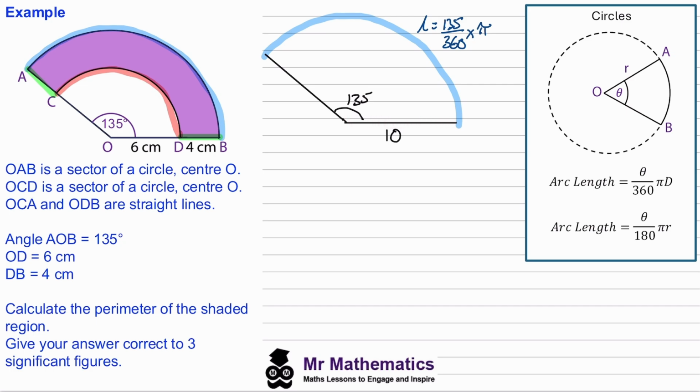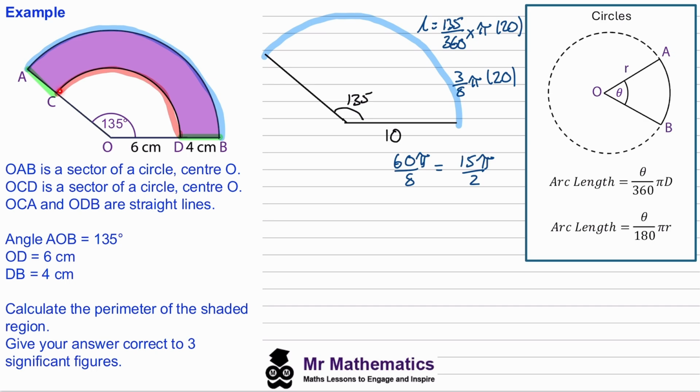And if the radius is 10, the diameter will be 20. So we can simplify this. We'll divide both by 45, and we get 3/8 of pi multiplied by the 20. So this will give us 60 pi over 8, which we can simplify as 15 pi over 2.